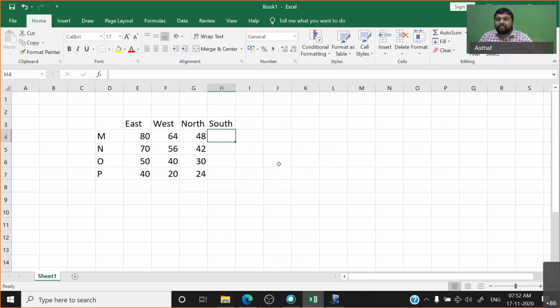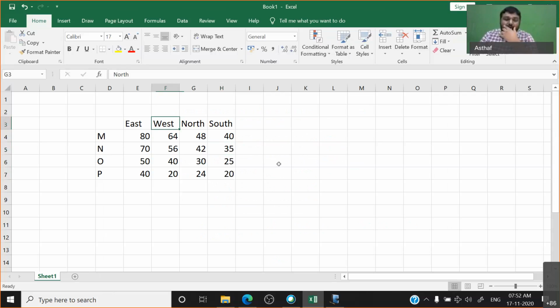What is the sum number? Who will help me? 40, 35, 25, 20. Now everyone listen.